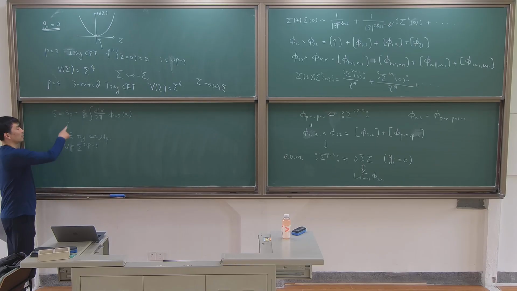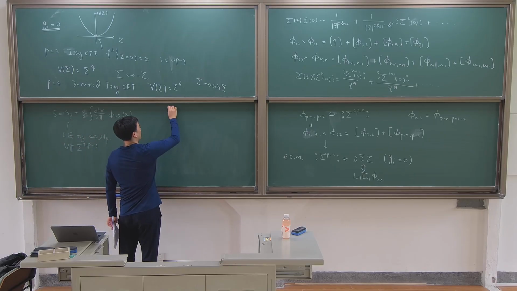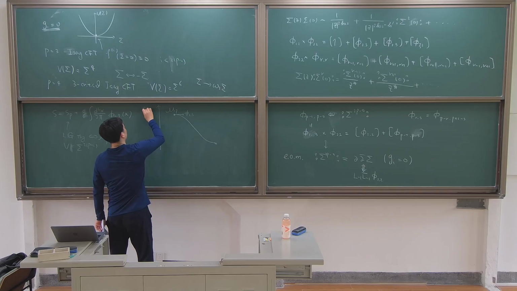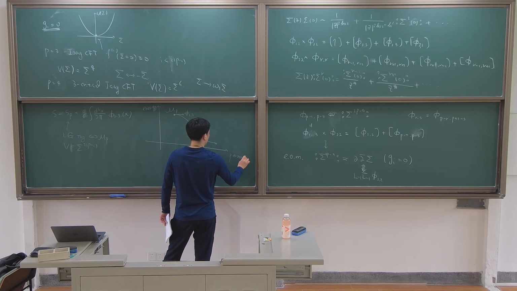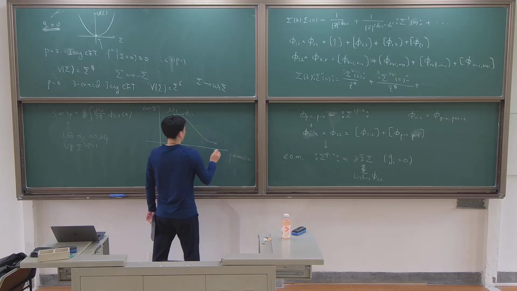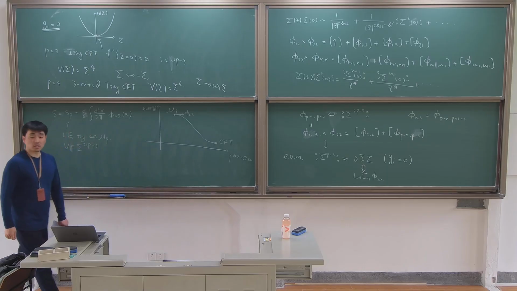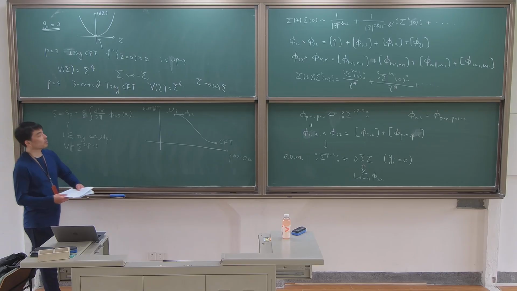If you deform the theory, the theory will flow to another fixed point. If you deform the theory by phi_{1,3}, this is the energy scale, this is the parameter scale, and it is supposed to flow to another CFT from the minimal model.